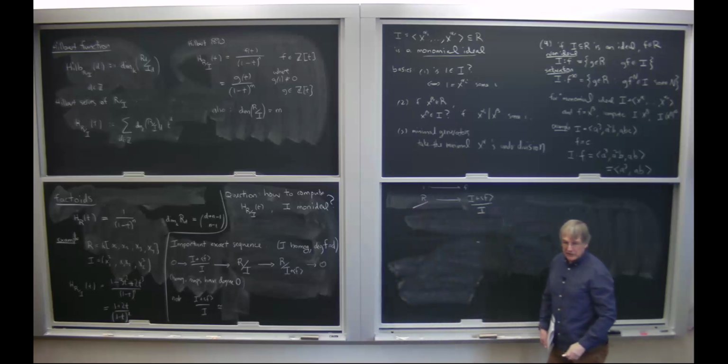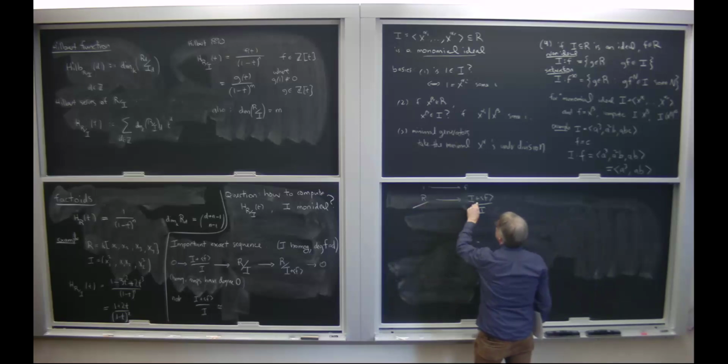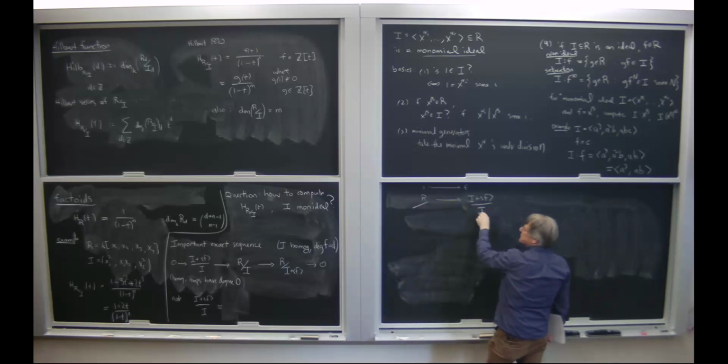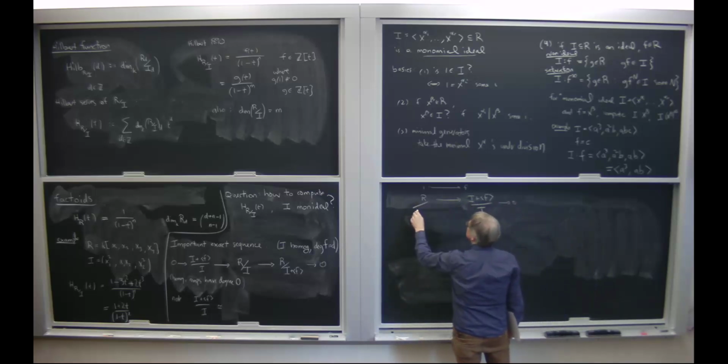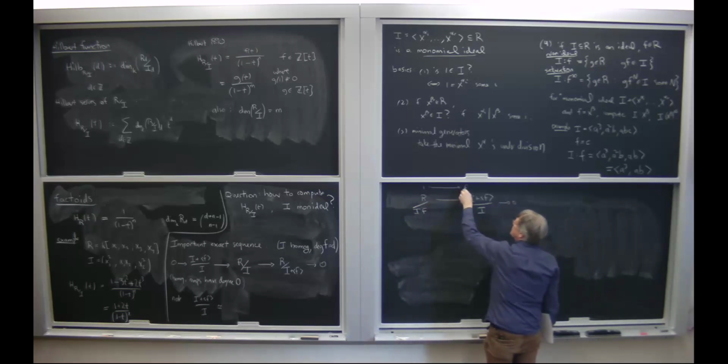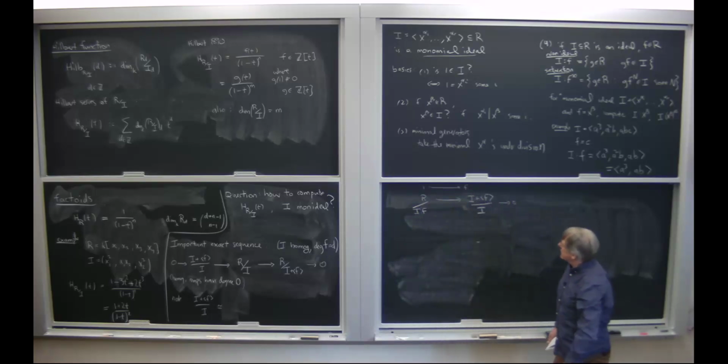Okay, I mod out by the kernel, and first of all, this maps onto this because all this stuff is 0, so it's mapping onto it. So this is 0, and then the kernel of it is going to be I colon F. Any polynomial here that multiplies by F that lands you in I is 0. So this is exactly this.